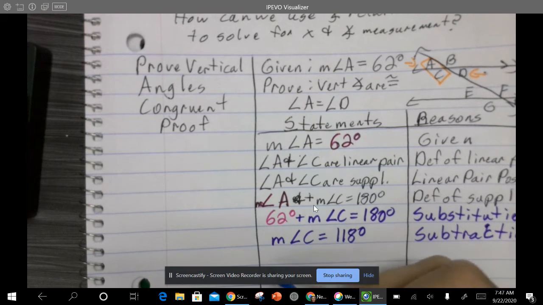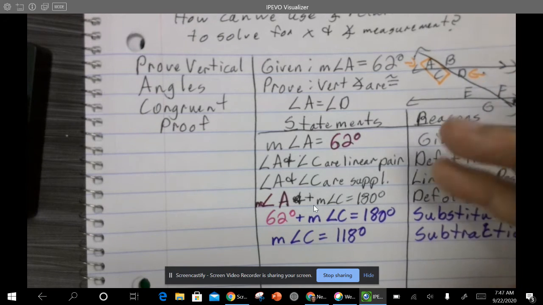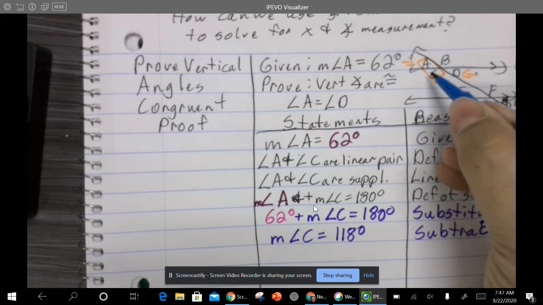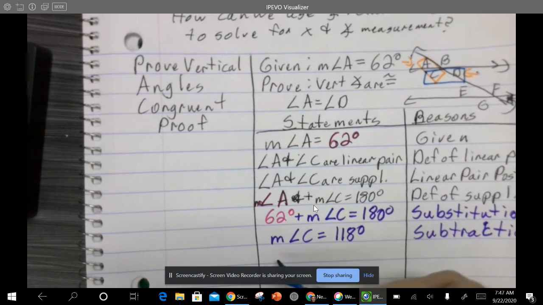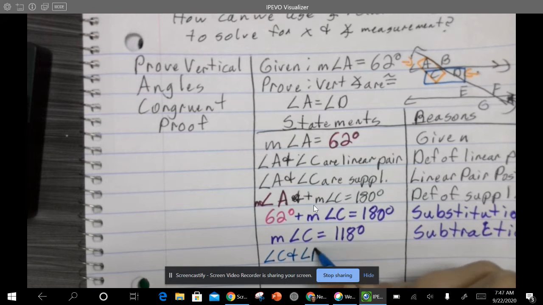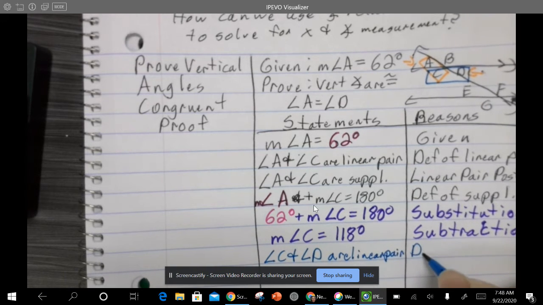And now we know, okay, now we also know that C and D are also a linear pair. So angle C and angle D are a linear pair. And that's by definition of a linear pair.